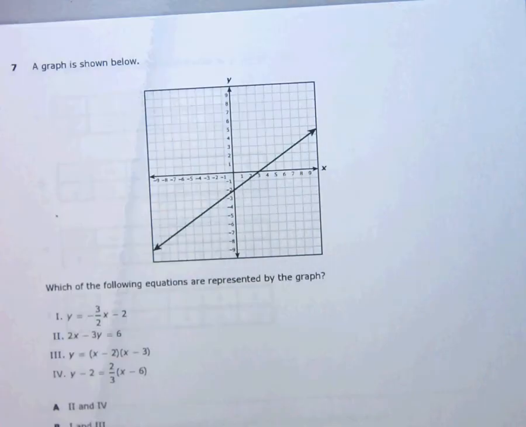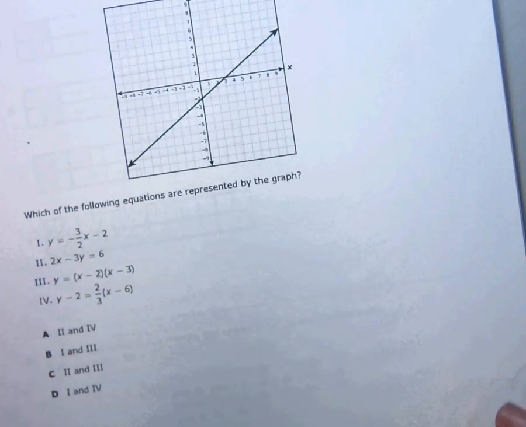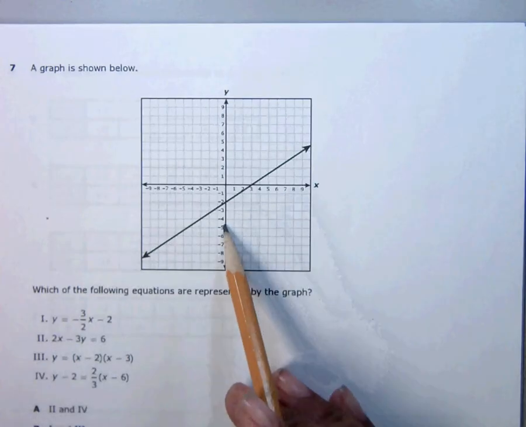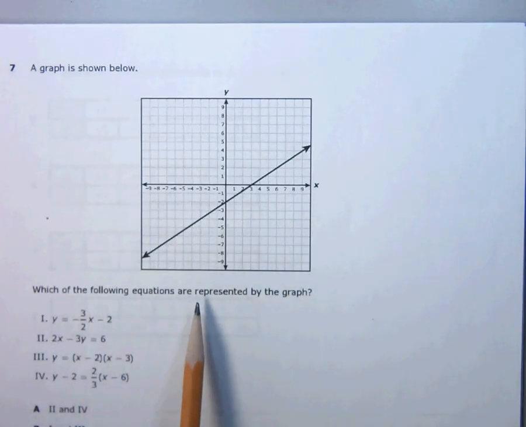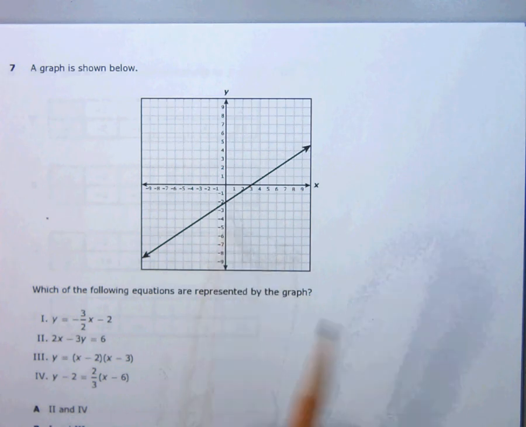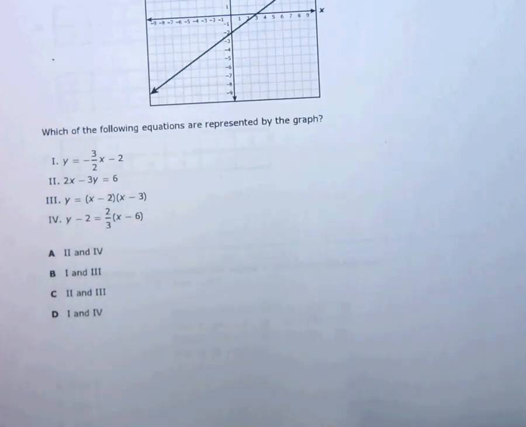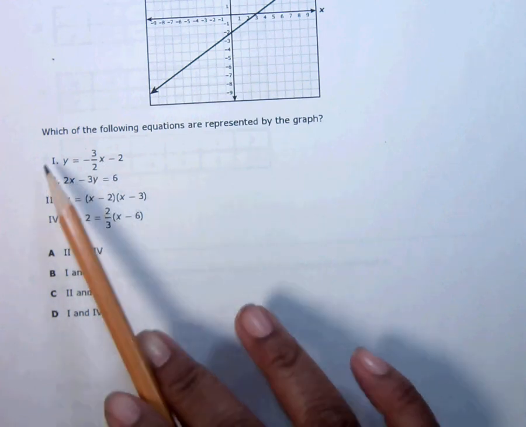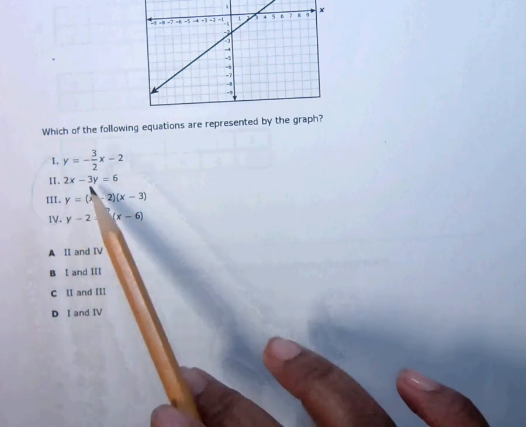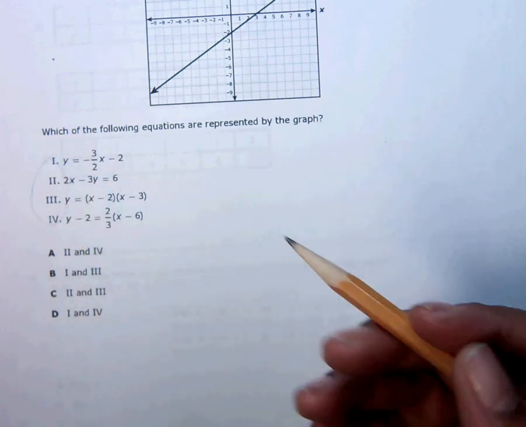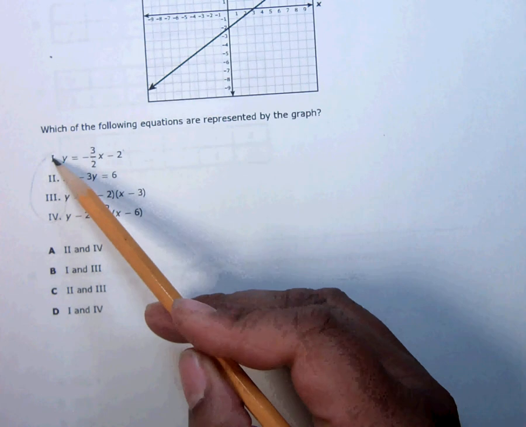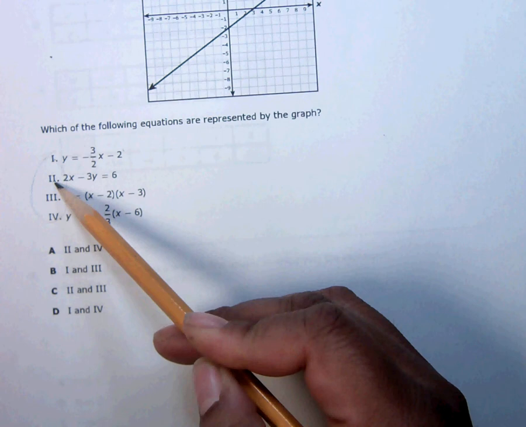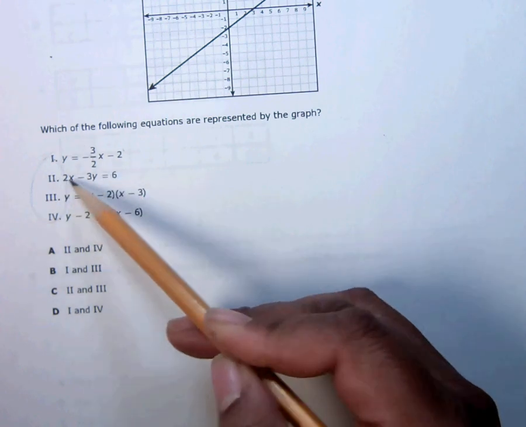Number 7. A graph is shown below. Which of the following equations are represented by the graph? When you do number 7, in order to put these answer choices in the calculator, they have to be either solved for y, which is number 1, or they must be in standard form, which is ax plus by equals c.